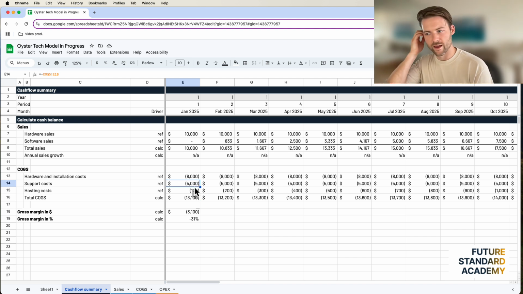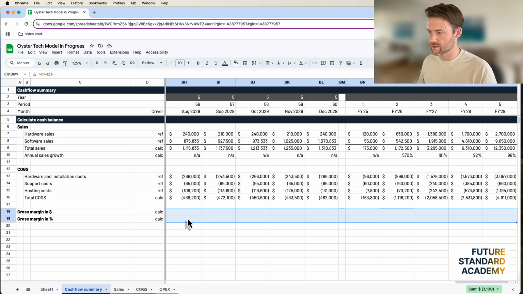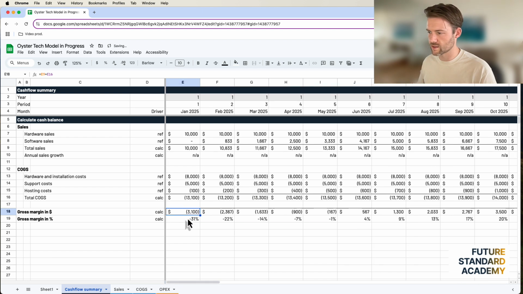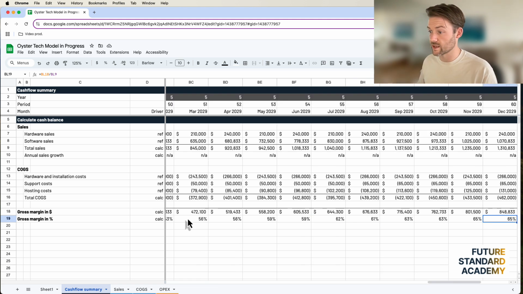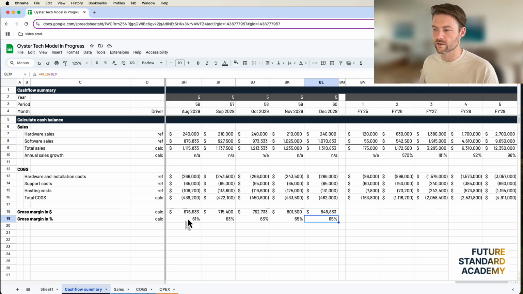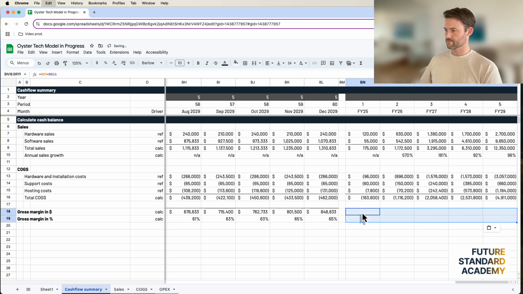You have to pay them their wage, no matter how many people they're talking to, 1 or 50. They're actually driving gross margins negative in the first couple months of this model. It doesn't last for too long. It just lasts until May, 5 months in, and then gross margins become positive and stay positive thereafter, growing in fact to about 65% eventually.